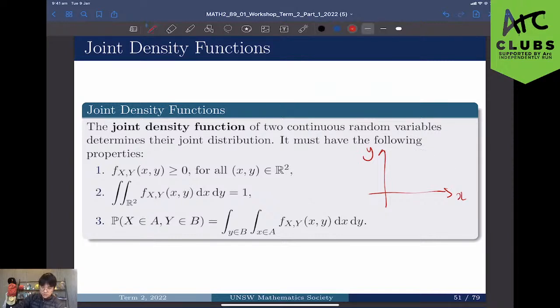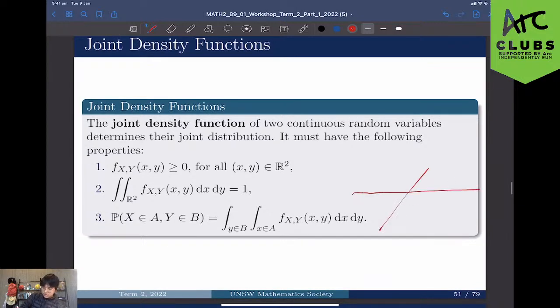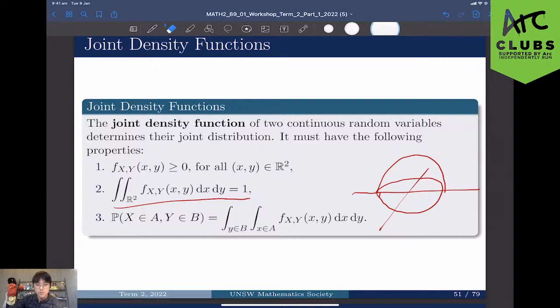And for continuous, because we can't take the volume of just a single point, we find the probability of a certain area of x and y occurring. So if we take an example, maybe the joint density function looks like a hemisphere. The volume underneath the hemisphere has to equal 1, because that represents all the possibilities.